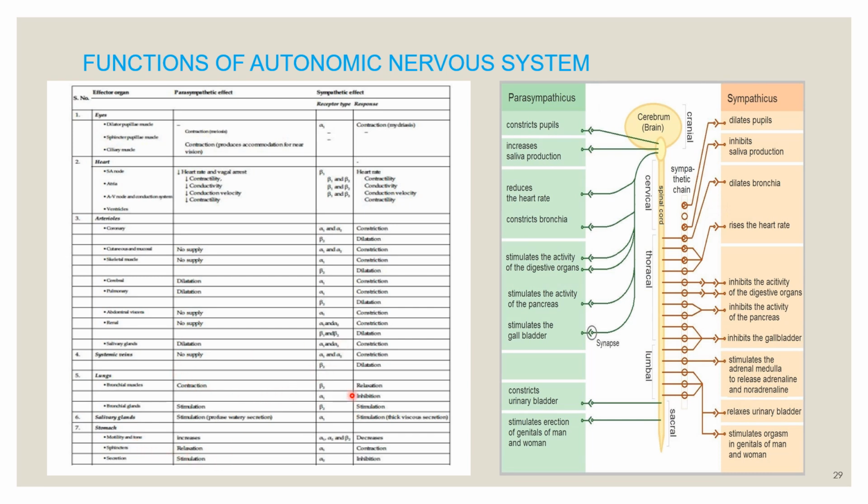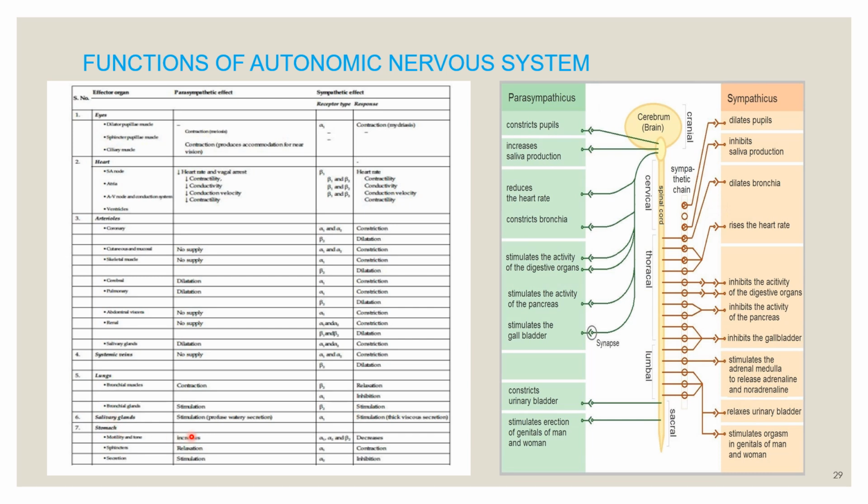Beta 2 will cause relaxation, and alpha 1 is causing inhibition, that is contraction. Coming to the bronchial glands, upon stimulation they will cause secretion. Here the sympathetic effect, beta 2, will cause stimulation.